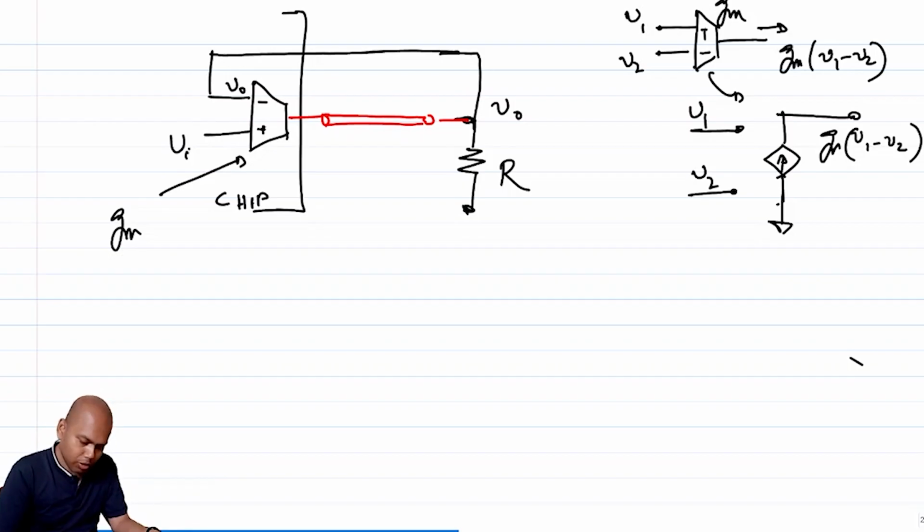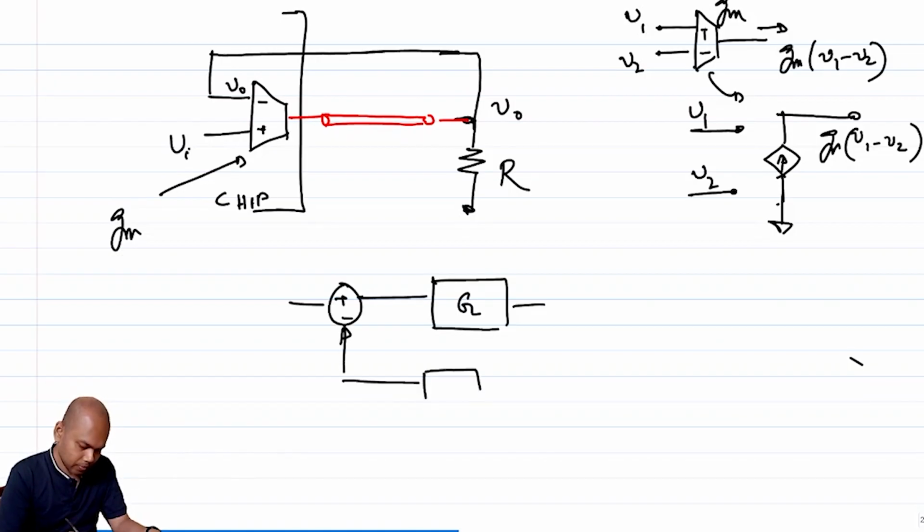Okay, so if I want to do a loop gain analysis, again, what should I do? In order to do a loop gain analysis, first we need to break the loop. Again, a quick refresher of a loop gain. So let's say, from a control theory perspective, we had a feedback loop.